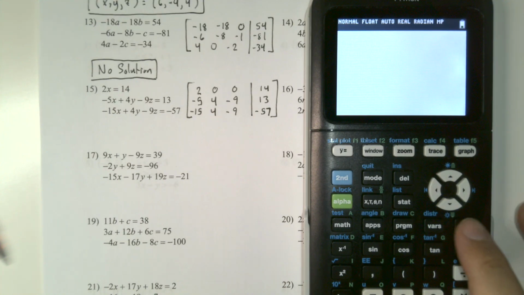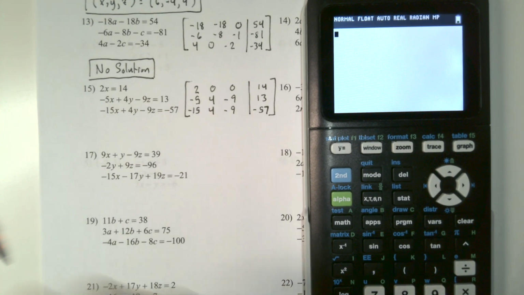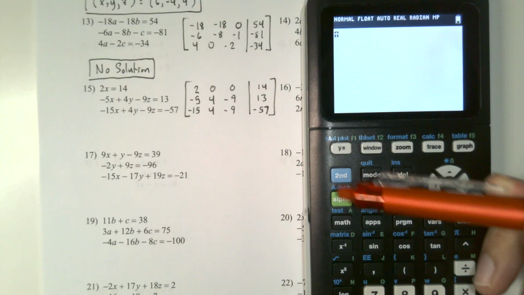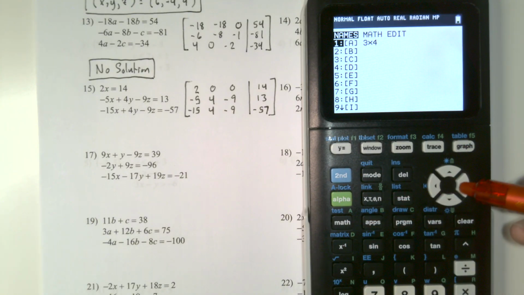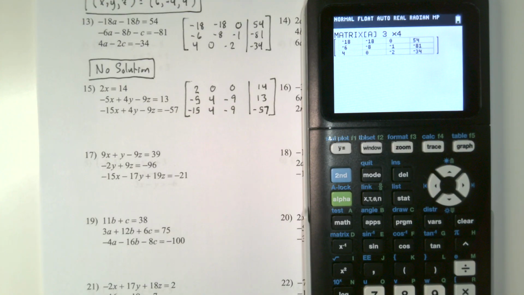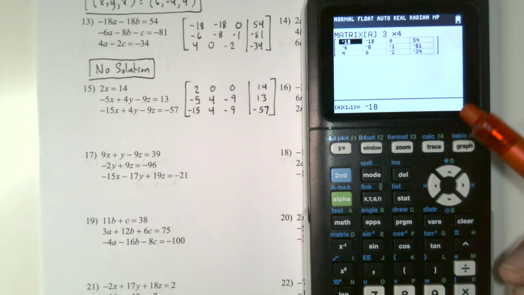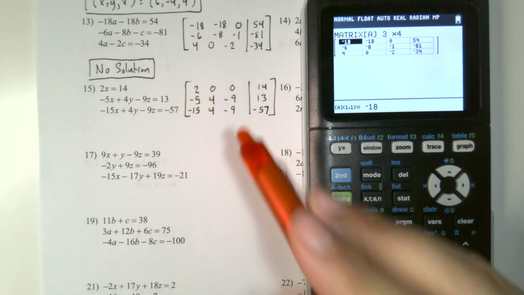Just gonna hit clear so it clears my screen, but I'll hit second matrix, scroll over to edit, and then choosing matrix A, I'll hit enter. I can scroll down to the first entry here, and I'm just going to overwrite each of these with these numbers.